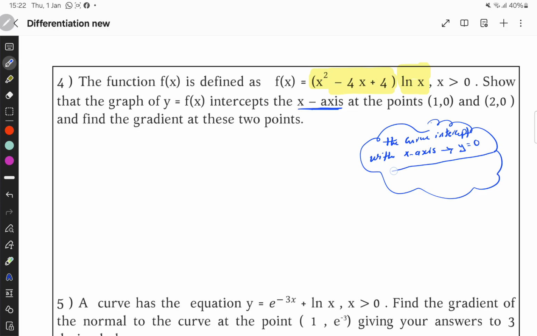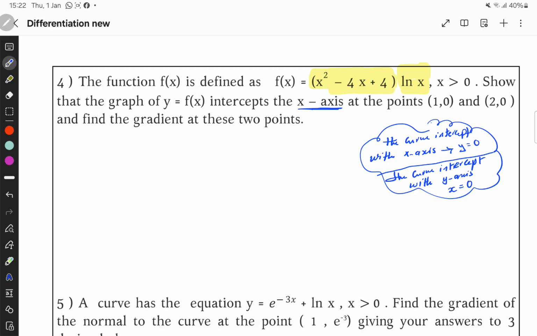And if the curve cuts, or intercepts with the y-axis, that means x is equal to 0.